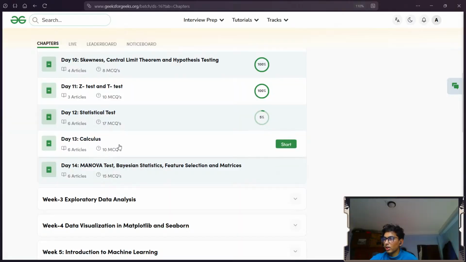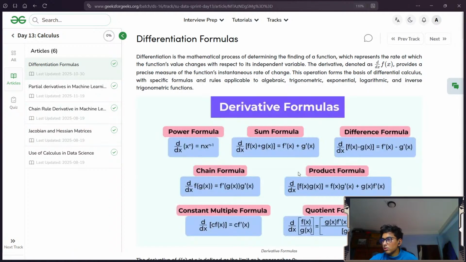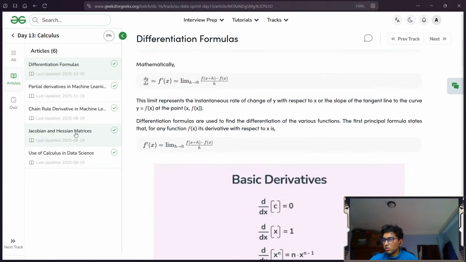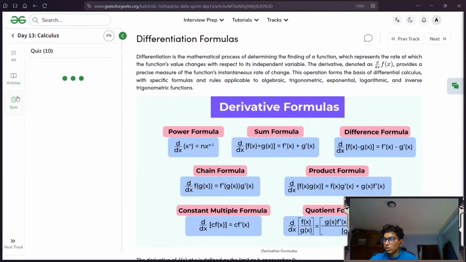We'll not be looking at calculus right now. And what is that? Let me see. Differentiation formula, derivative, partial derivative, chain rule, Jacobian and Hessian matrices. Oh, there are matrices. Use calculus.